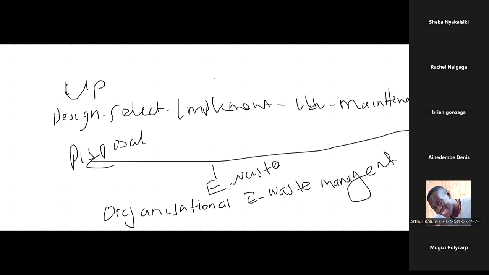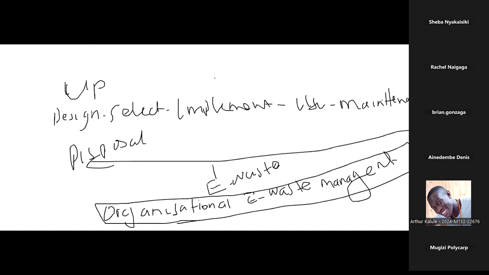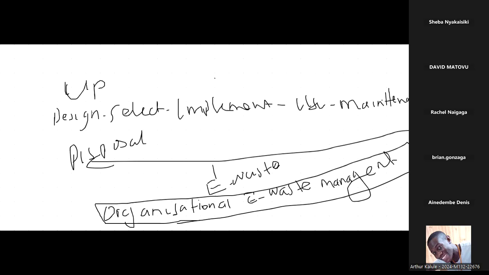Uganda Police is in which category of institutions, where would we put it? Security organization, security. But it's not just security, because we have many. We have private and we have public.